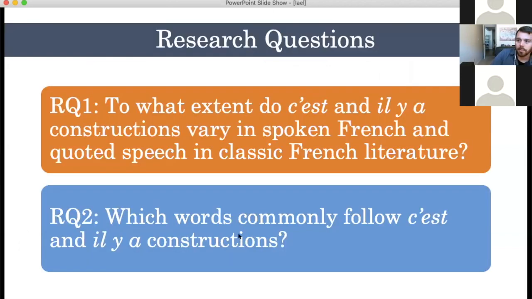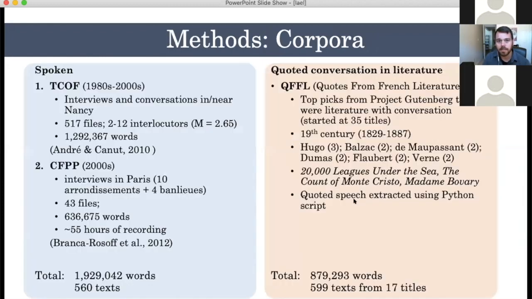So my study was to look at to what extent these vary in a couple of registers, and what the context is around them, particularly what happens after these expressions and their variations. I'm going to look at this in a couple of different ways, and I used two different corpora to represent two different registers.